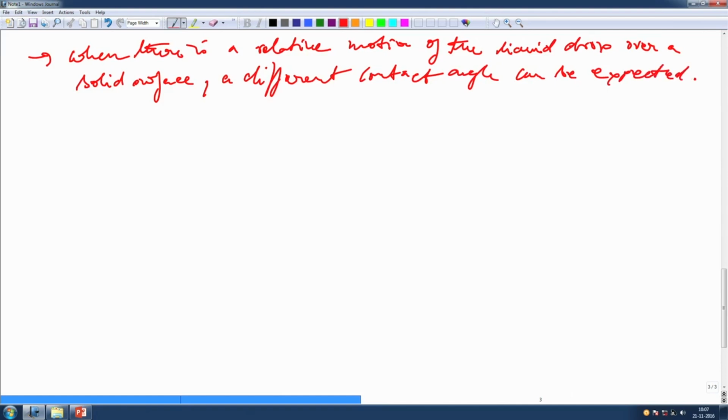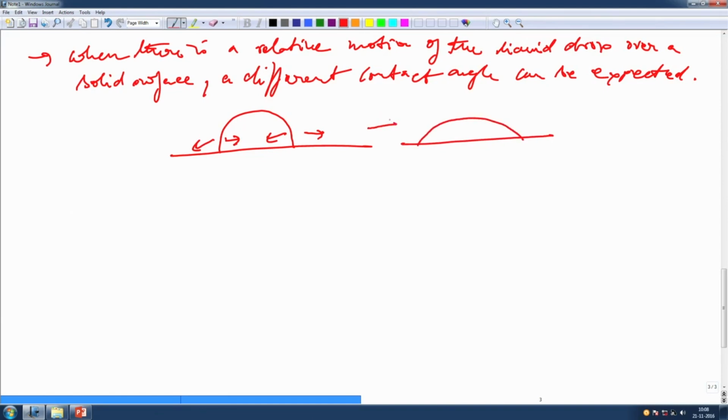When there is a relative motion of the liquid drop, as you deploy the droplet, it actually spreads or it actually contracts, whatever may be the situation. So, there is a relative motion of the drop over this solid surface. At that point of time, a different contact angle is expected almost at every time instant, when it is actually spreading or actually contracting. When the relative motion actually stops, at some point it will assume a shape like this.